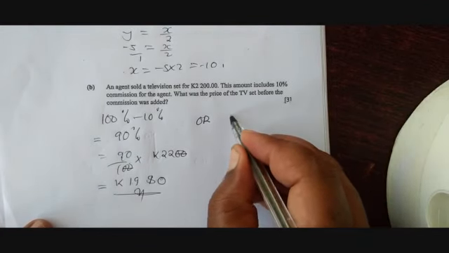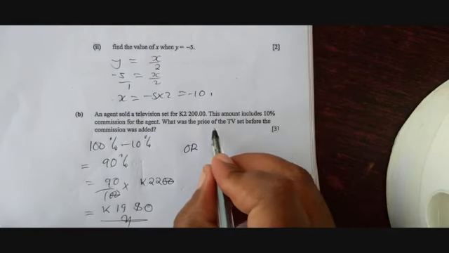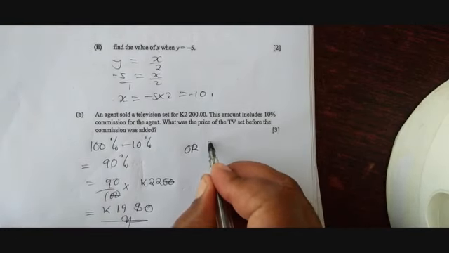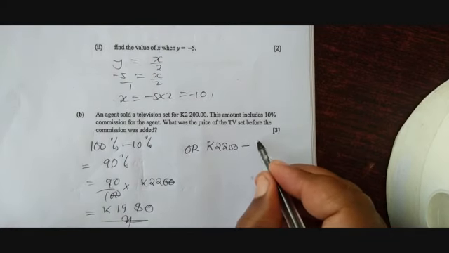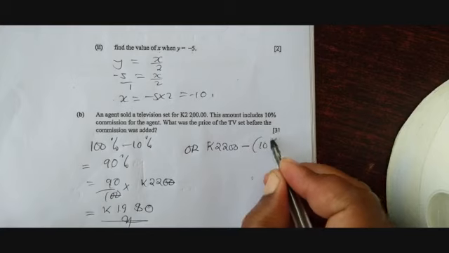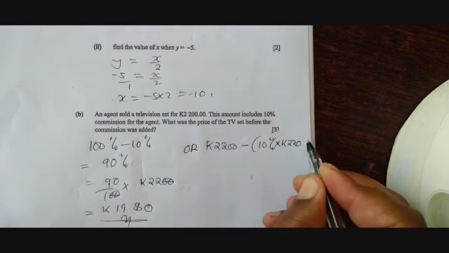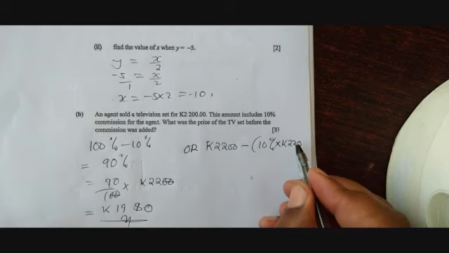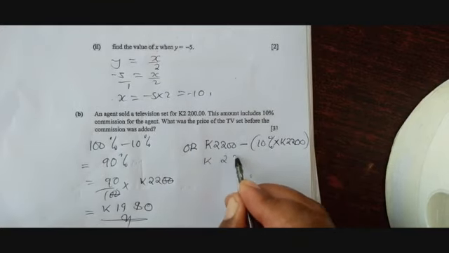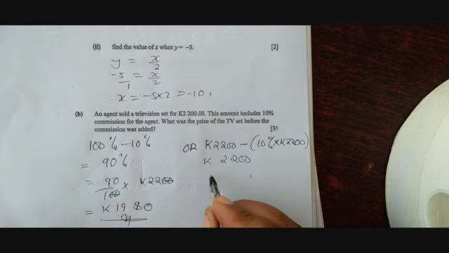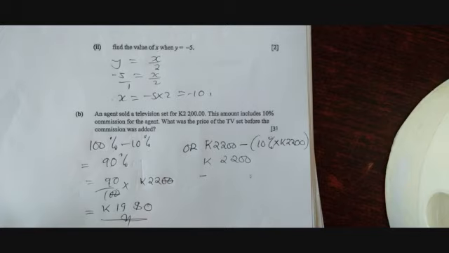Or you can say, let me find 10% of this one. To find the actual price of the TV before the 10%, I'll say 2,200 minus 10% of 2,200. So I'll say 2,200 minus, what is 10% of 2,200?